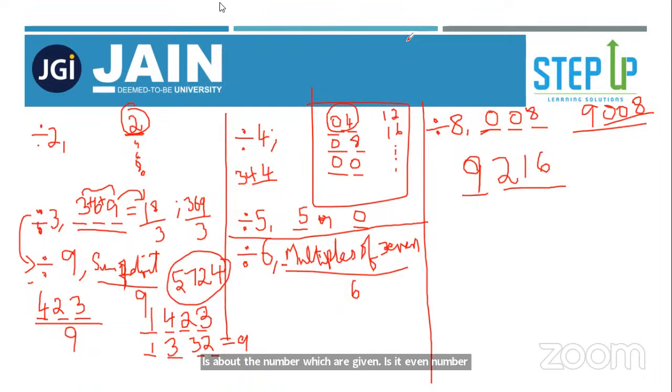No, then that is not divisible by 6. So not an even number, not divisible by 6. 24, 42, yes, they are. Yes, 36 is an even number and also divisible.